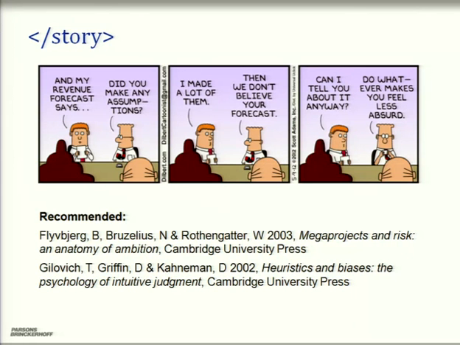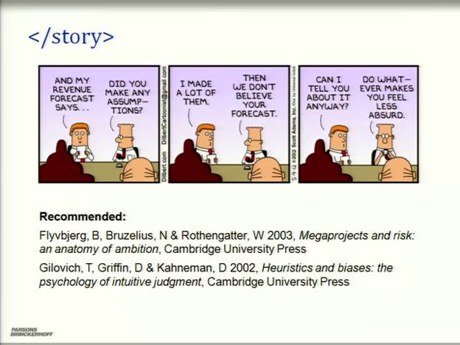I couldn't find a good XKCD comic, so I went back to my old standby of Dilbert, my favorite management theorist. If you have time and you have interest in this, two books to read. One is Megaprojects and Risk, still in circulation, about 10 years old. Brilliant writing.